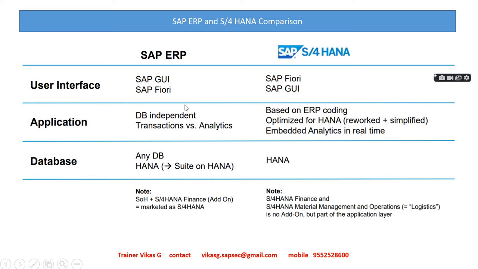The number of tables is larger in ERP, and for the same module the number of tables got reduced, as they merged many functional tables into single tables. They have also optimized the coding. Those are the basic changes which make S4 HANA better compared to ERP software.